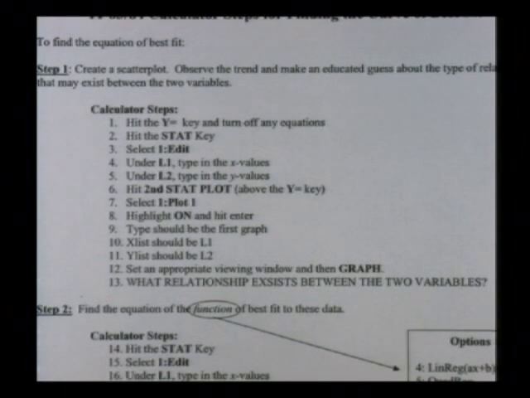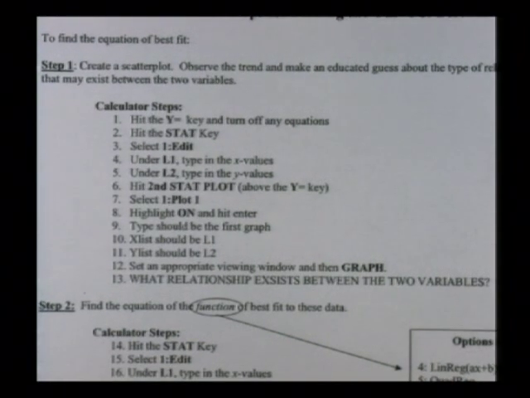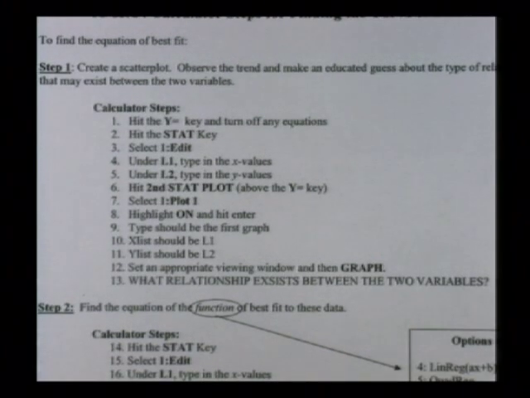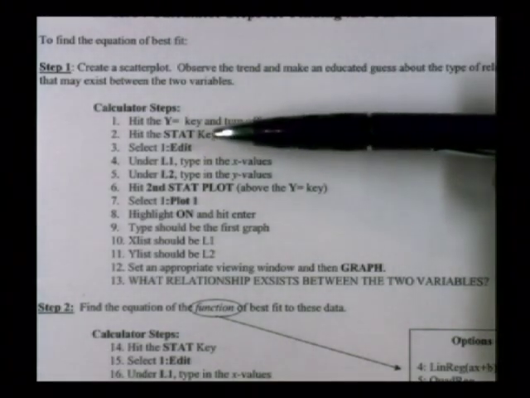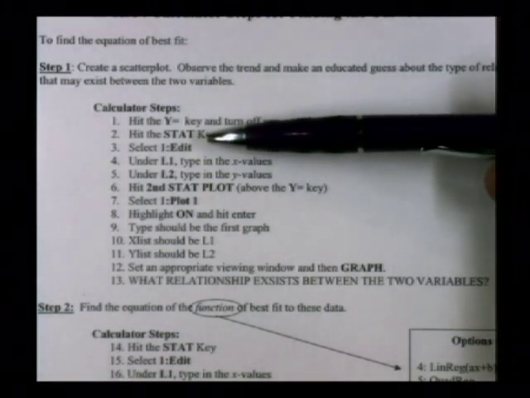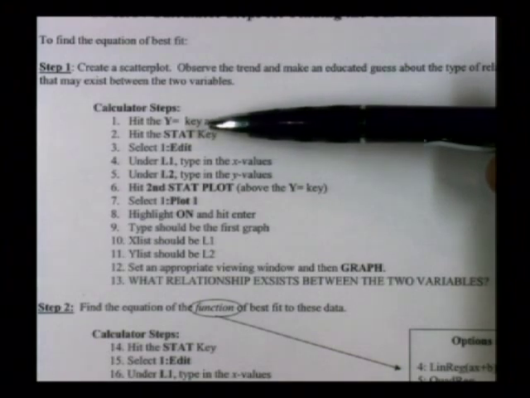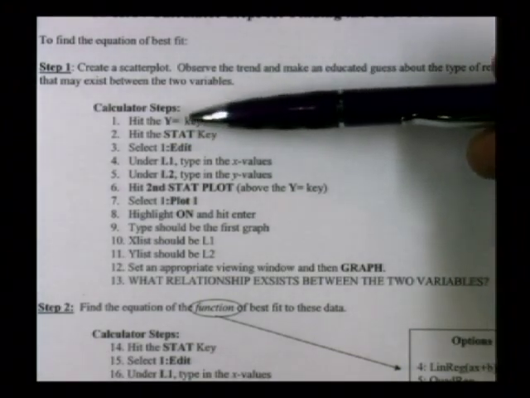Okay. To find the equation of best fit, these would be the calculator steps you would take with like a TI-83 or an 84 calculator. The actual commands on other types of graphing calculators would be similar but somewhat different. So what you're going to do is go to the y equals key.